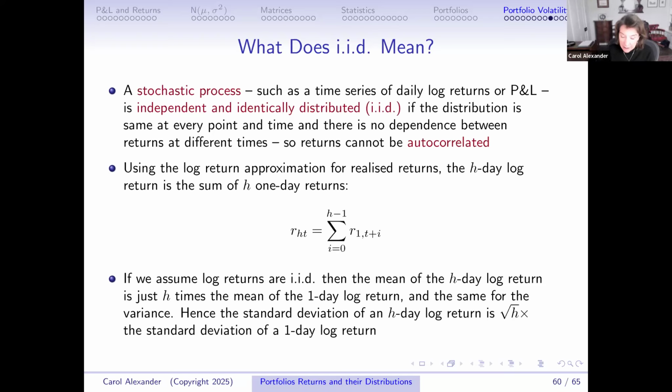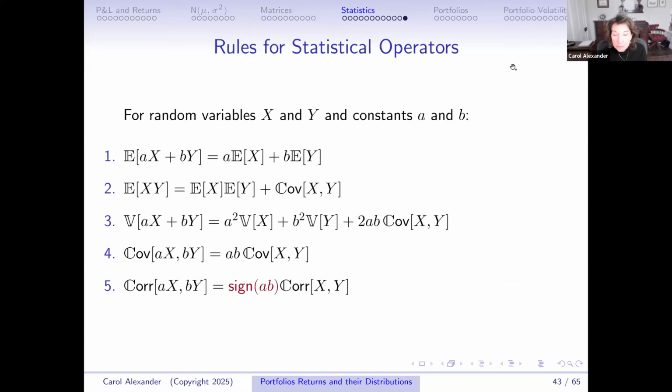Now, again harping back to these rules, the expectation of the sum is the sum of the expectations, right? And for the variance of the sum, the covariance is 0 because they're independent. When they're independent, the covariance is 0. Then the variance is just the sum of the variances, with the coefficient squared.